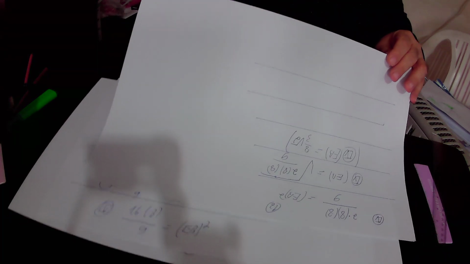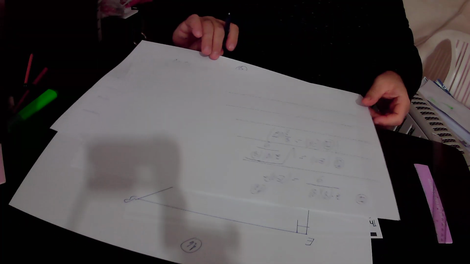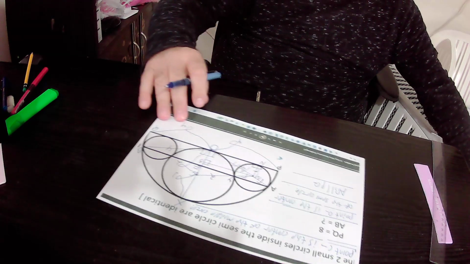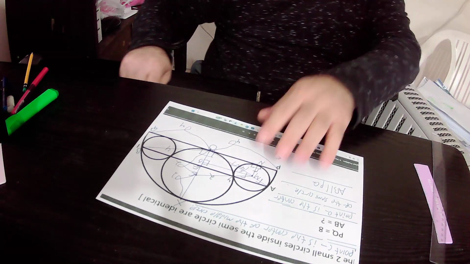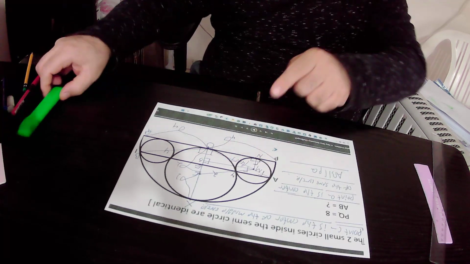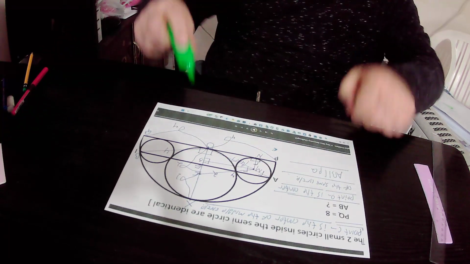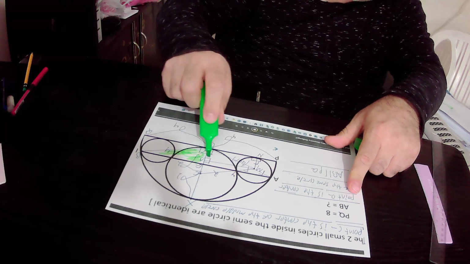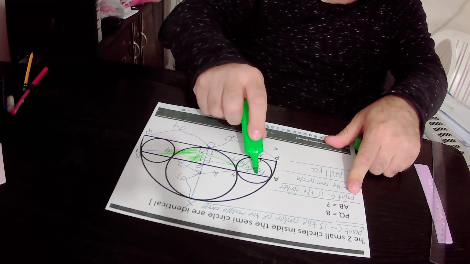So in the next step we will prove that those two right triangles can go into each other.